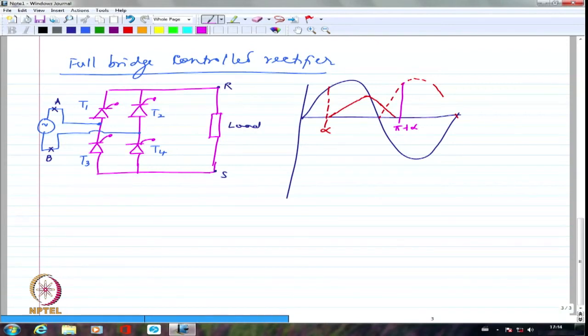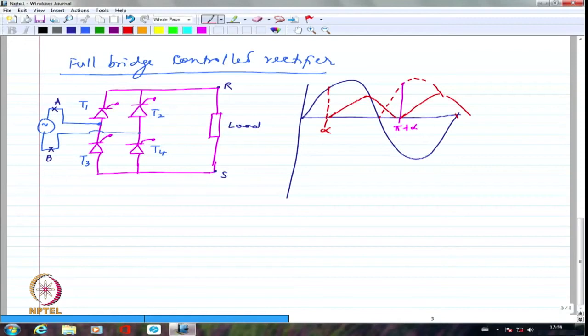If it is fired symmetrically, let us say in this particular case I have shown as though the current has reached 0. Then again the current has to start, and it might probably reach the same value and then again come down. This is how it is going to be if it is a highly resistive, very small inductive circuit. The inductance is really, really small, not good enough to sustain the current for much longer.